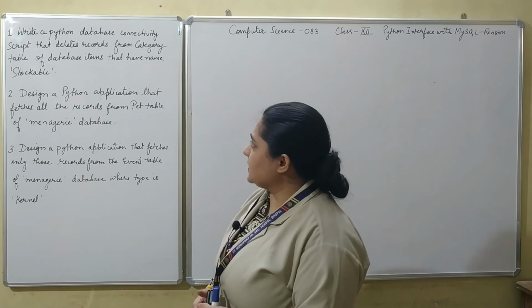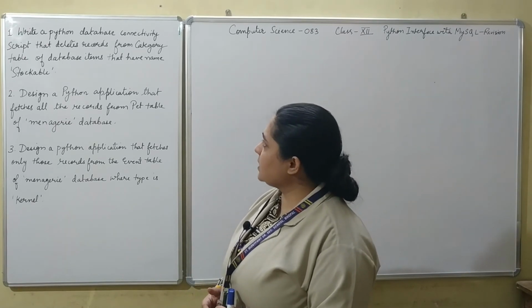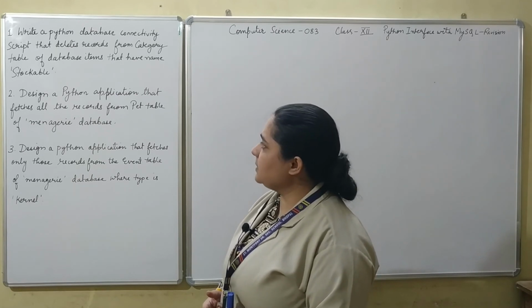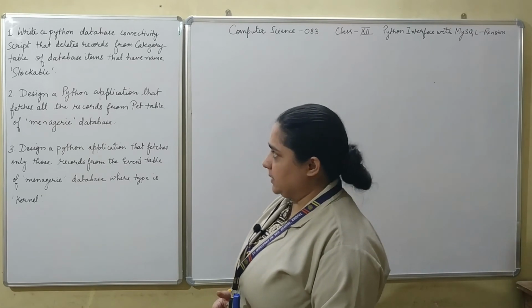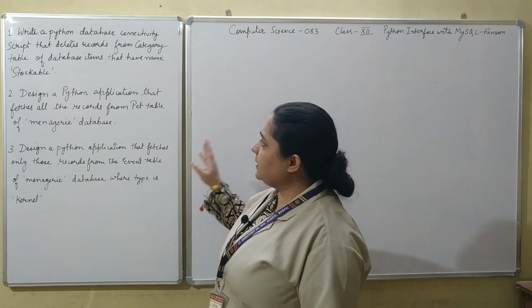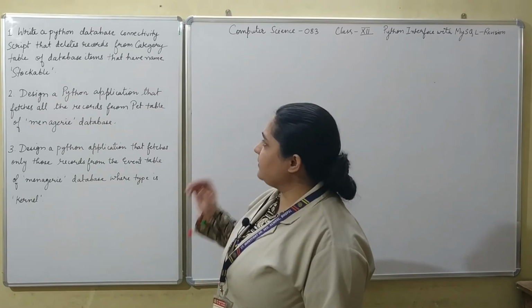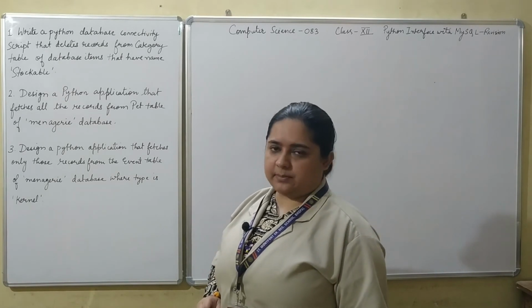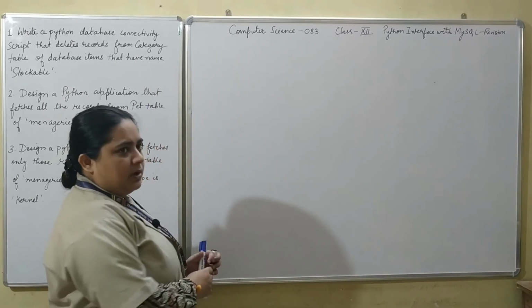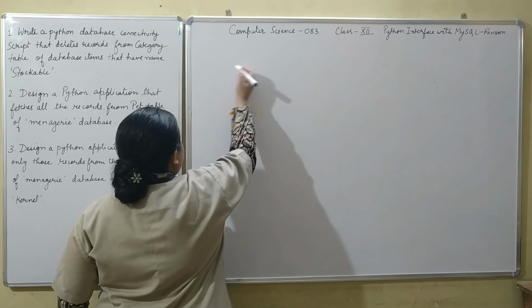The first question says, write a Python database connectivity script that deletes records from the category table of database items that have name stockable. So we have to delete records from the category table of database items that have name as stockable. First let us try to figure out what we are dealing with.